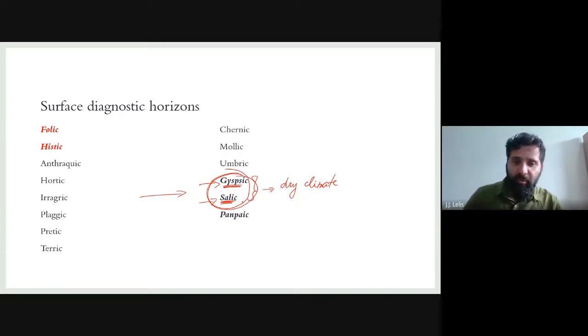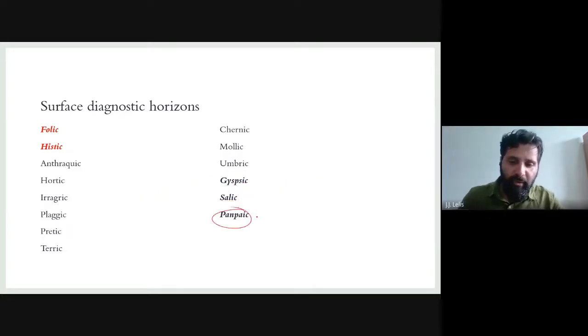Again, they could be related to surface or subsurface horizons, okay? And this one, the petrocalcic horizon, is a horizon that was formed in the surface, but now it is buried.